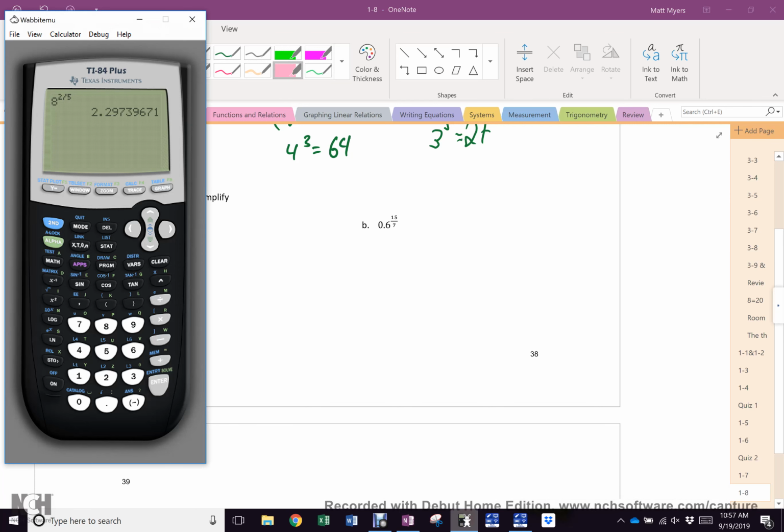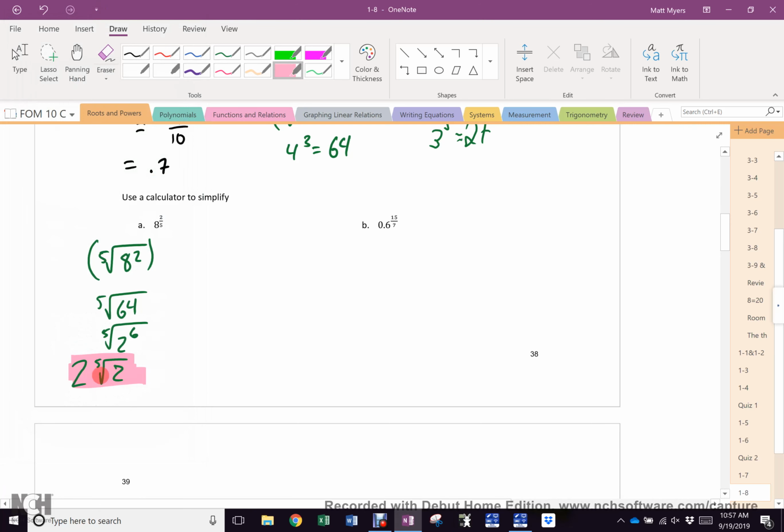This is my math class answer. This is my physics class answer. Does everybody understand? Because this is what we want in math, because it's exact. In physics, you need to have a real world number, right? You would never say, move that Mars rover 2 times the cube root of 2 kilometers west, would you?